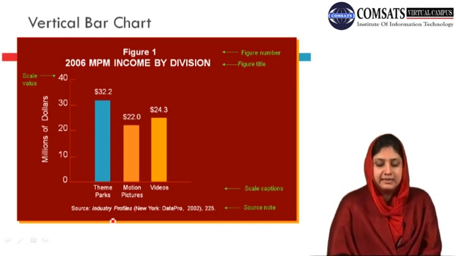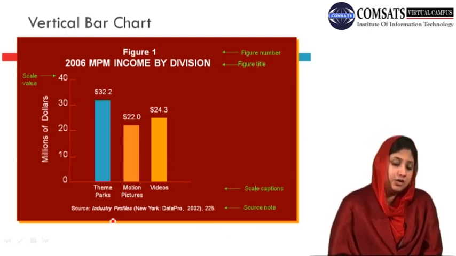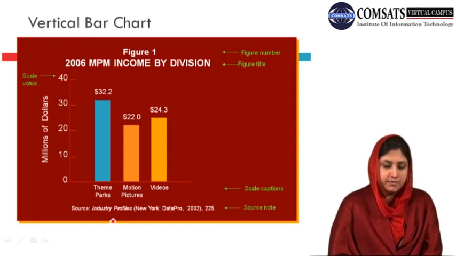Now look at the axes, the y-axis and x-axis. You can see scale values, and you can see the scale captions. In the scale captions, you have theme parks, motion pictures, and videos. And in the scale value, you have millions of dollars.